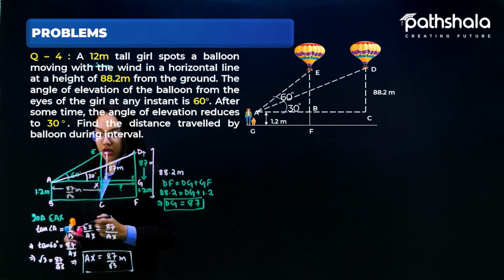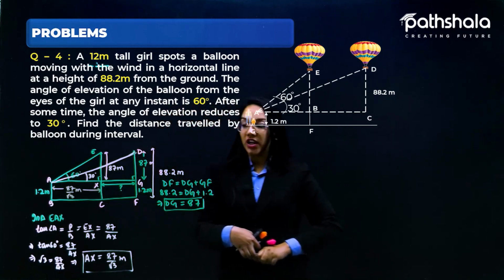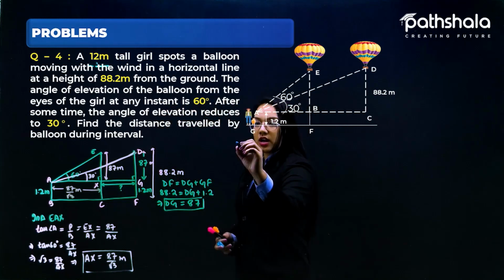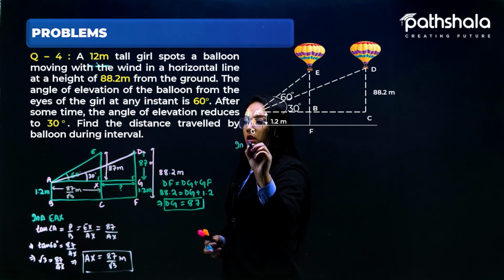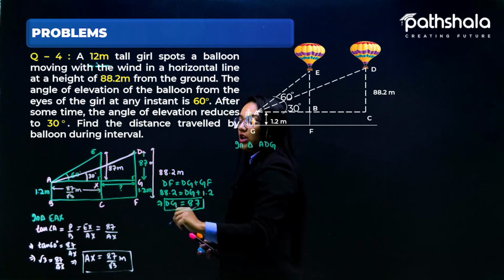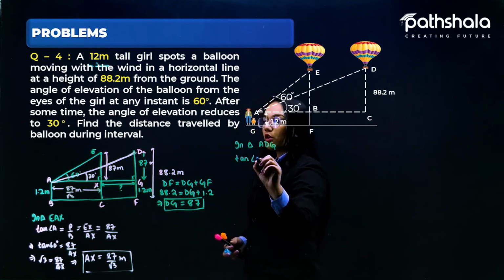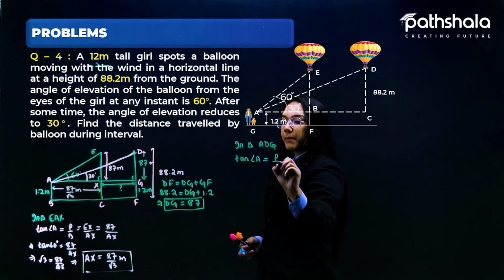This is AX. Now we just have to find out AG. What is AG? Let's calculate it in the other triangle. In triangle ADG, we know that this is a perpendicular. So again we can use tangent of angle A, which is perpendicular by base.